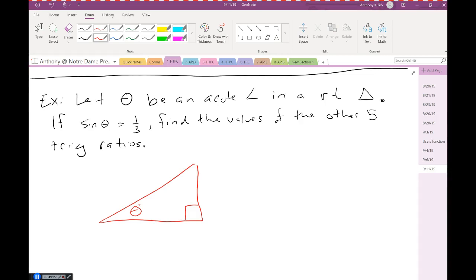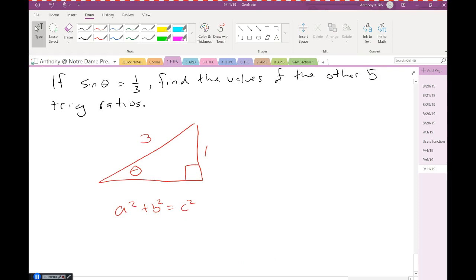Okay? So, what should I do now? So I've drawn a picture. Good. So, which side can I label? Okay, the hypotenuse is 3. What else can I do? Opposite side should be 1. Okay. How do I figure out the third? Good. Oh, no. Okay. 1 squared plus b squared equals 3 squared.